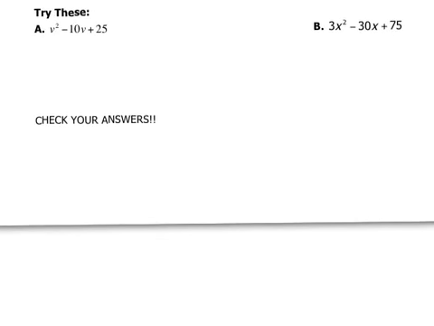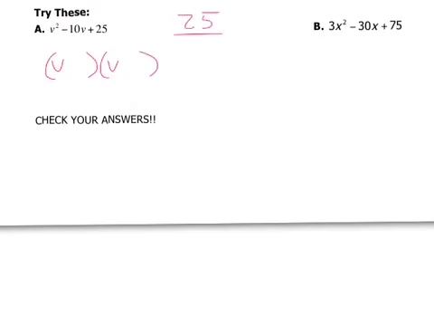Okay, on A, I see a regular old v squared. So since it's a regular old v squared, I can use the shortcut. So what multiplies to v squared? I just gave you the answer. v and v. So v and v go in the front spots. Find the factors of 25 that add to the middle, negative 10.